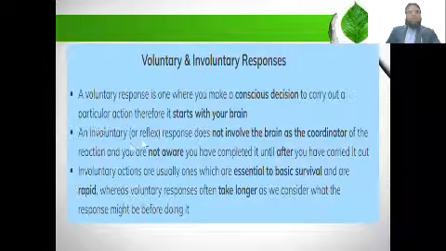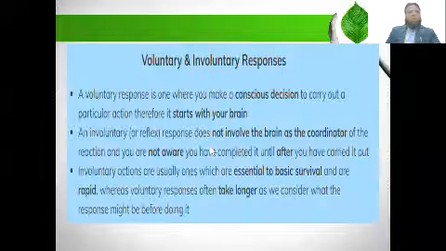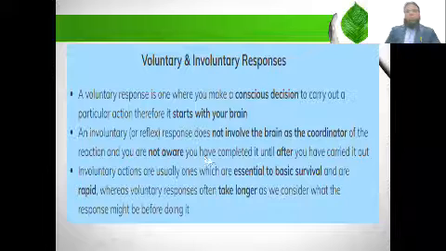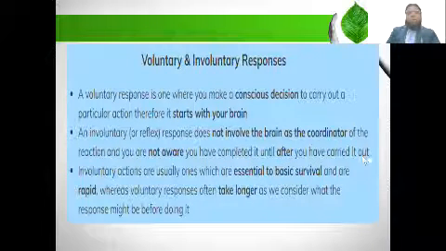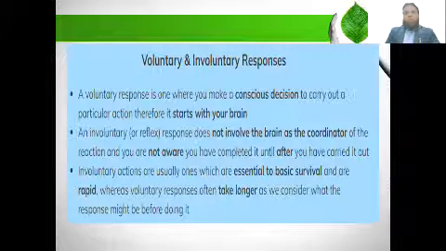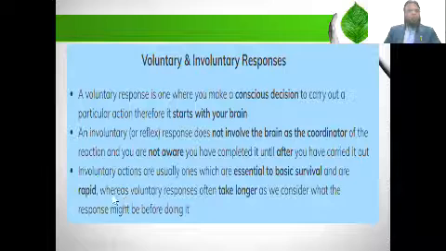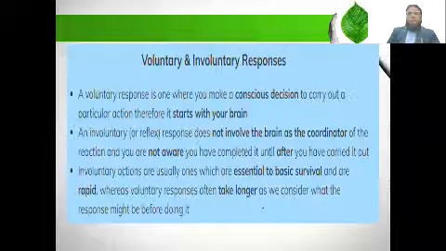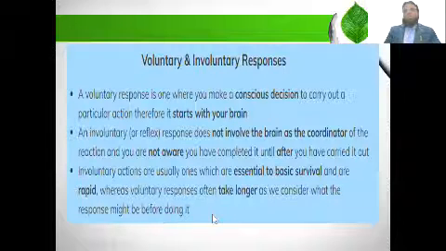Involuntary actions or reflex responses do not involve the brain as the coordinator of the reactions, and you are not aware you have completed it until after you have carried it out. Involuntary actions are usually ones which are essential to basic survival and are rapid, whereas voluntary responses often take longer as we consider what the response might be before doing it.